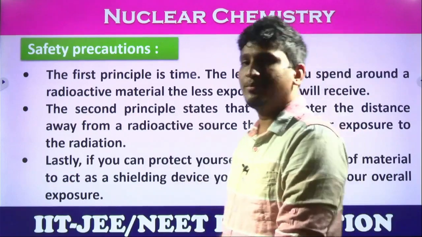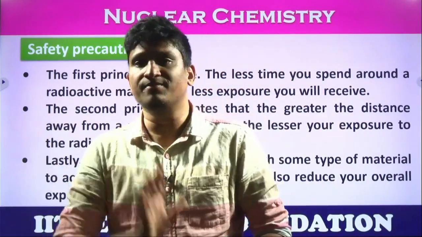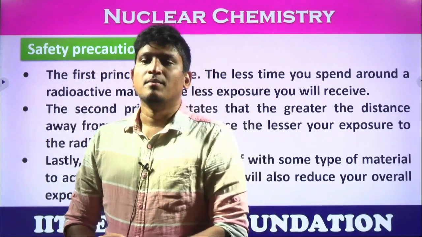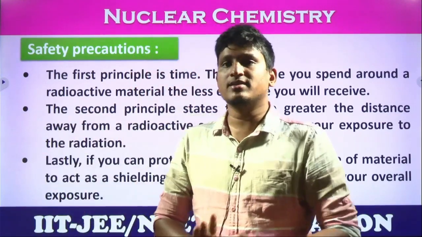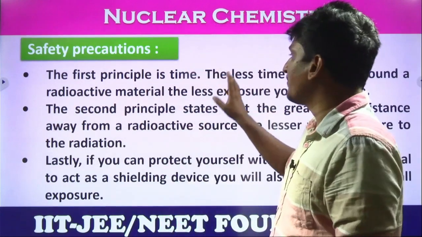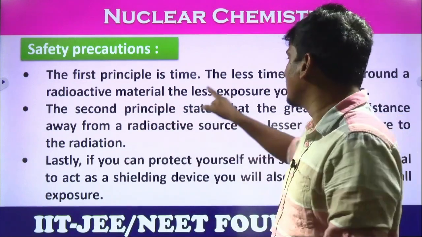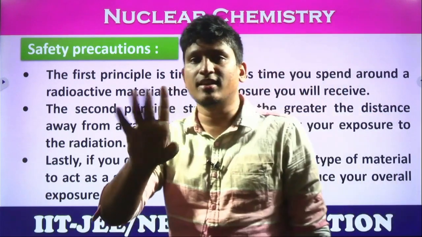So what safety precautions can we take? Of course, in nature we can't see the radioactive elements. But if you know radioactive elements are there, what precautions can we take? The first principle is time. The less time you spend around a radioactive material, the less exposure you will receive.